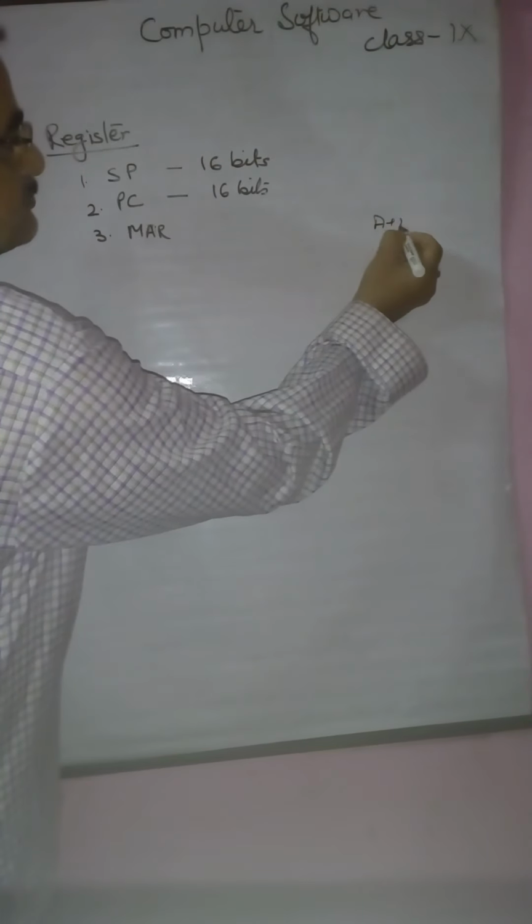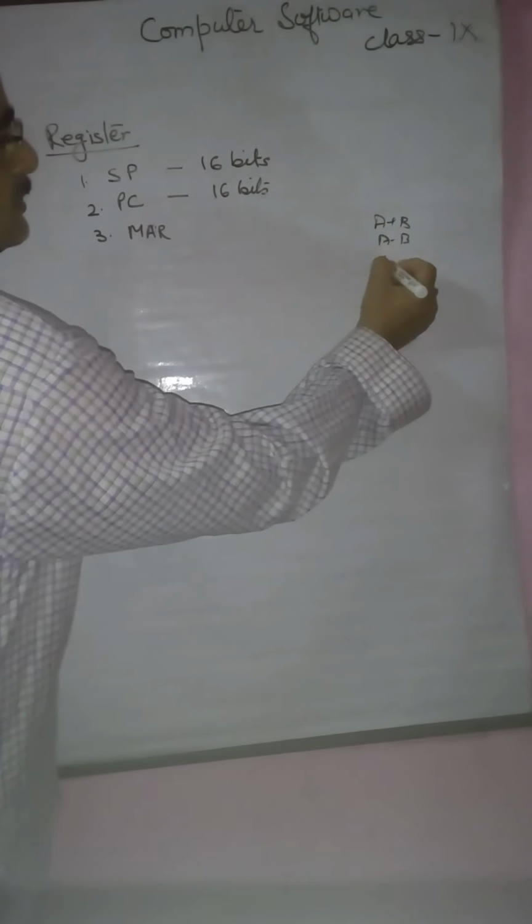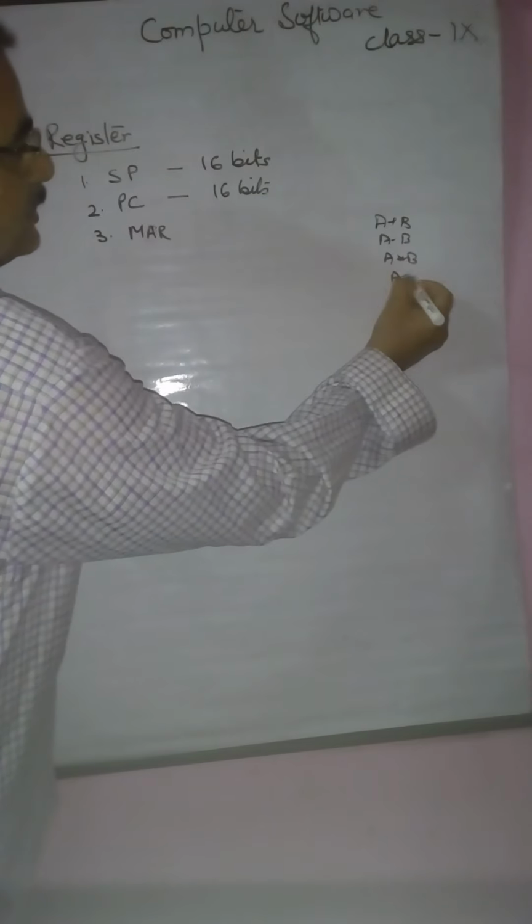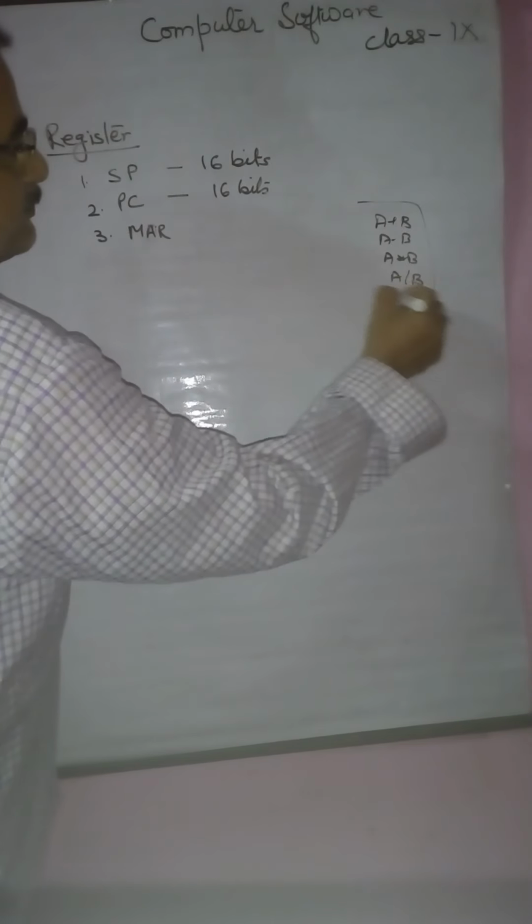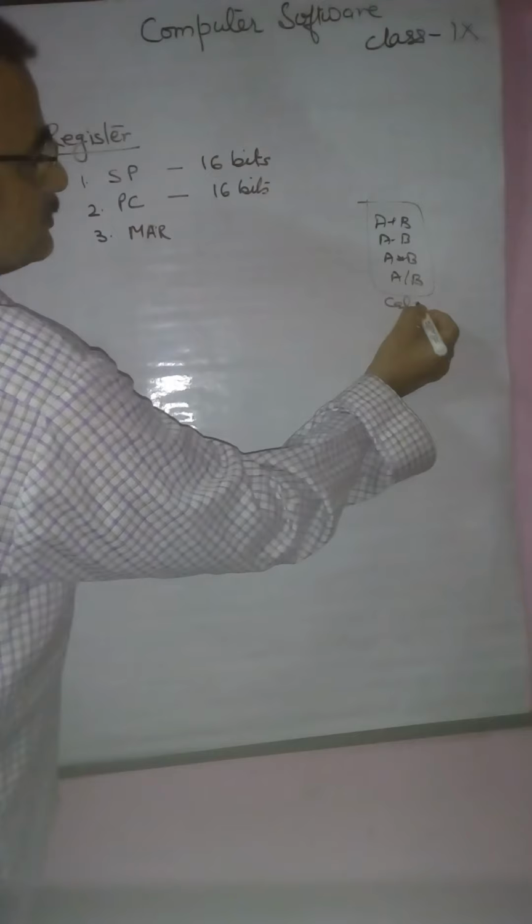There is a difference between process and sub process. A sub process is a part of the process. Suppose here a plus b, a minus b, a into b, a by b, and this is the process of calc.